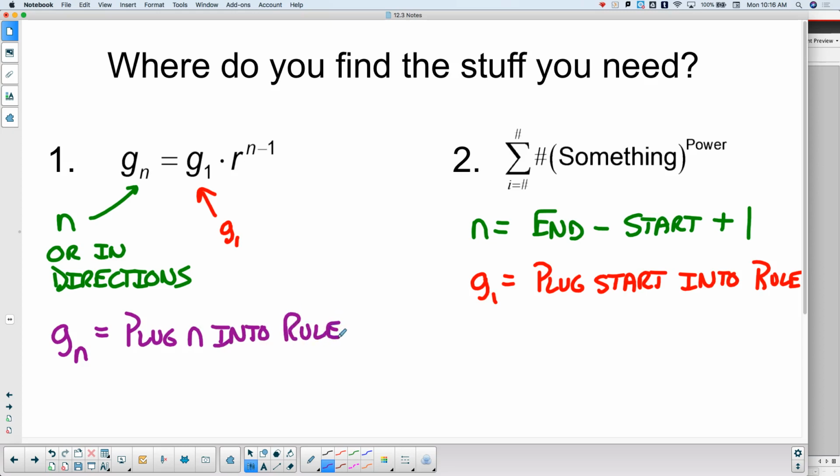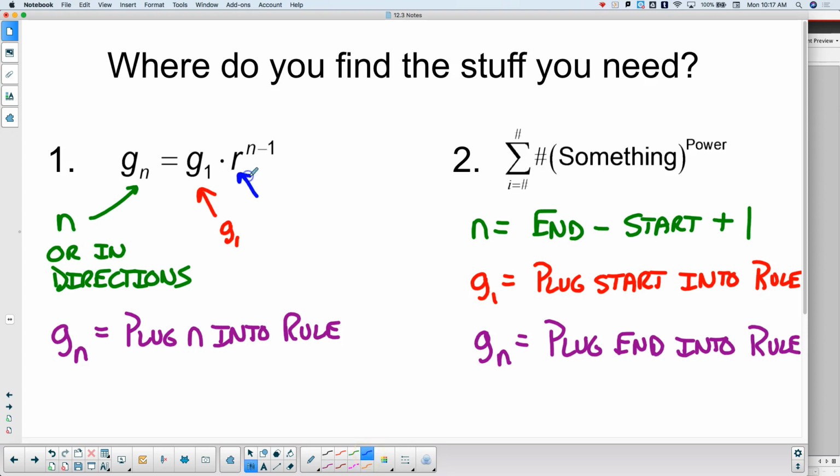Over here, I'm going to plug n into my rule to find my G sub nth term. In sigma notation, I plug my n into the rule. Over here, R is given to me.